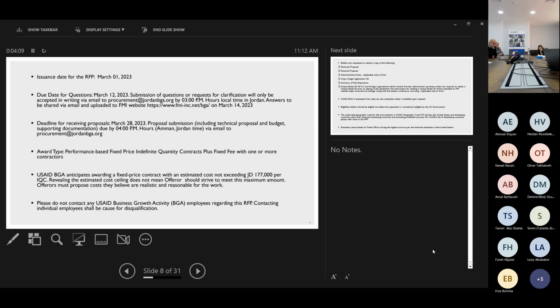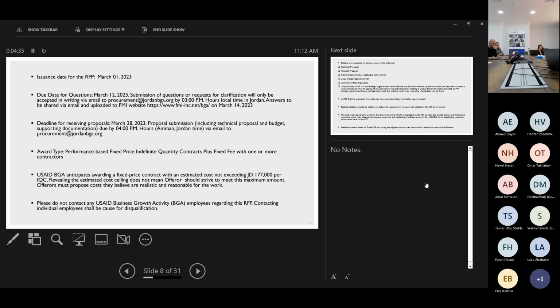The proposal submission should include all the requested documents: the technical part, the supporting documents, and the budget part. The deadline will be by 4 p.m. Amman time. The type of the award will be performance-based fixed price IQC plus fixed fee with 1 or more contractors.